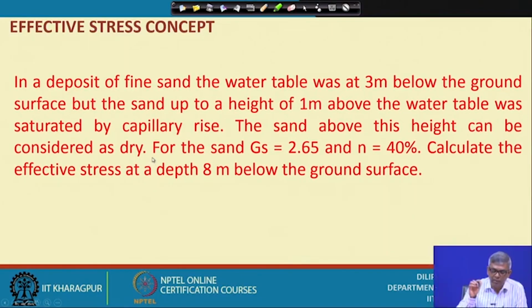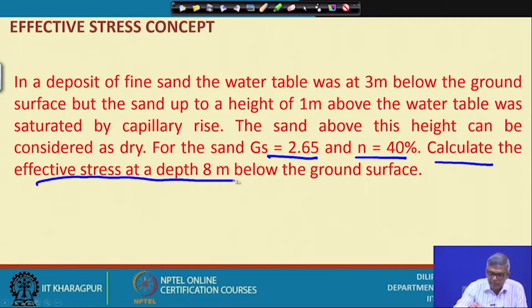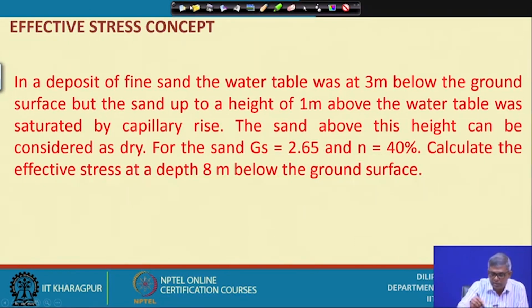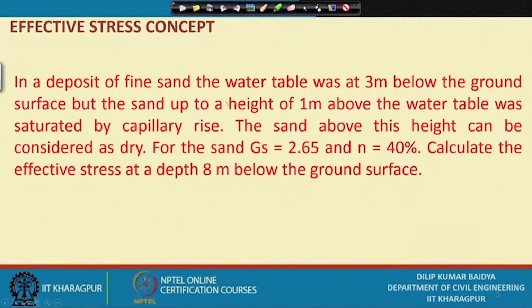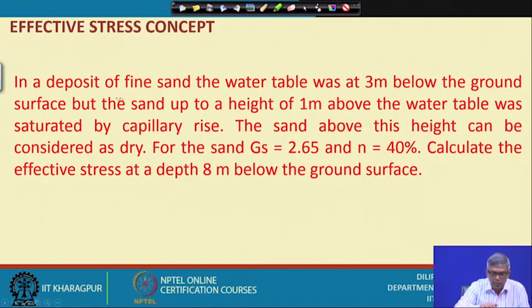For the sand, GS equal to 2.65, n equal to 40%. Calculate the effective stress at a depth of 8 meter below the ground surface. So, this one we can do in whatever way we have discussed. So, let me see that. I can do this better. This was a deposit of sand.